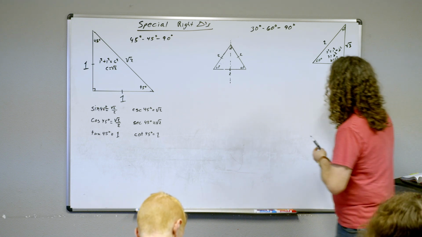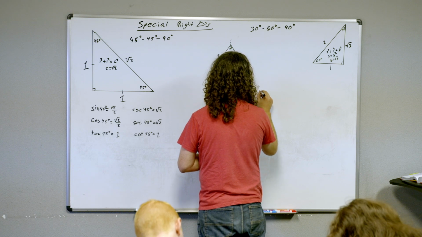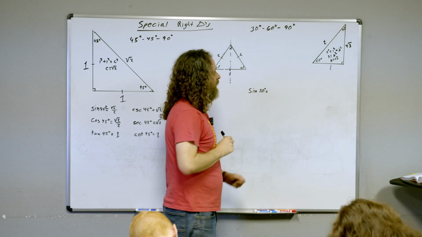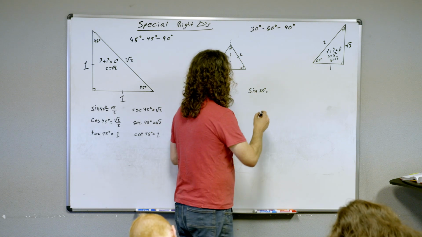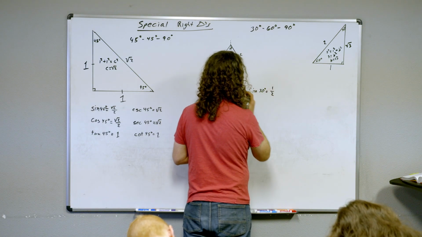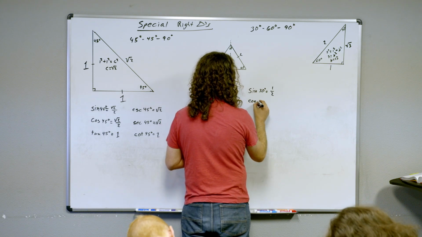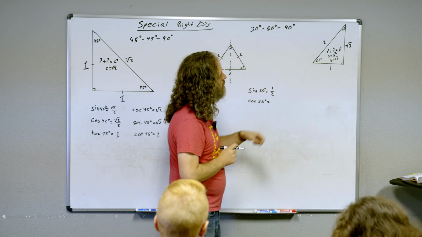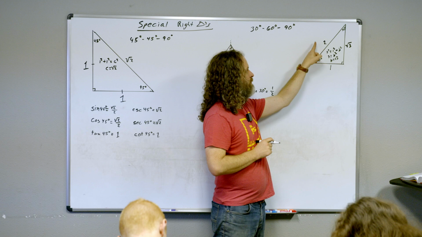Okay. So the sine of 30 degrees would be the opposite over the hypotenuse, so 1/2. The cosine of 30 degrees is adjacent over hypotenuse, so square root of 3 over 2.